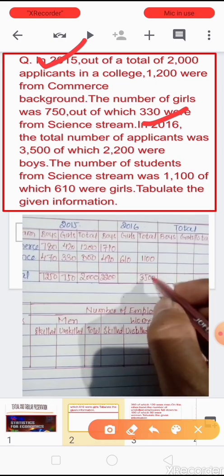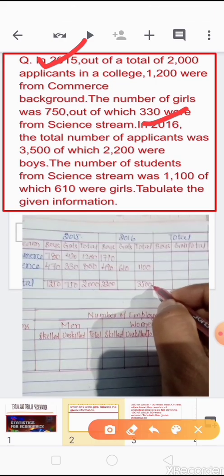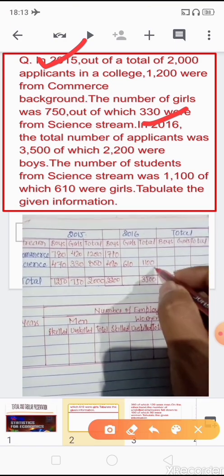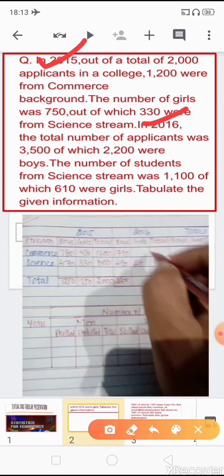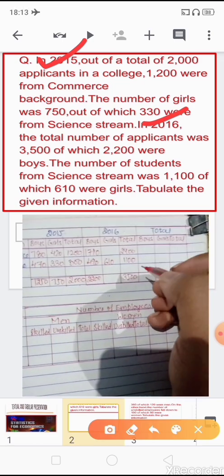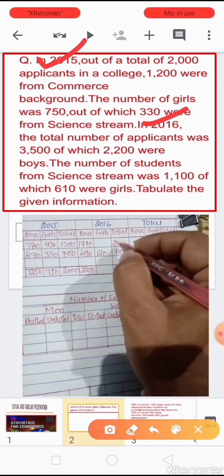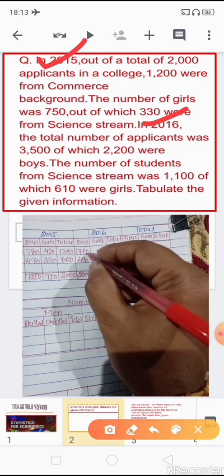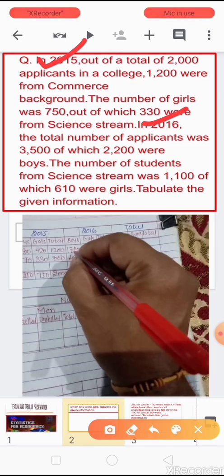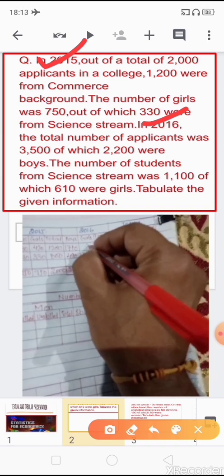And just see here, children, the 3,500 are the total number of applicants. Remaining, we subtract this value, we get 2,400, and out of these 2,400 applicants, 1,710 were boys, and so we subtract this 1,710 from 2,400.